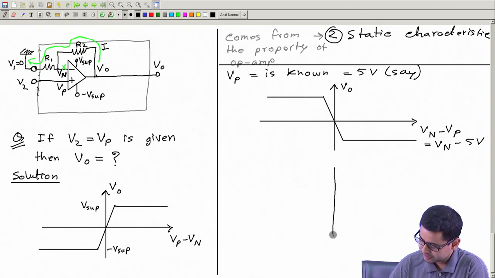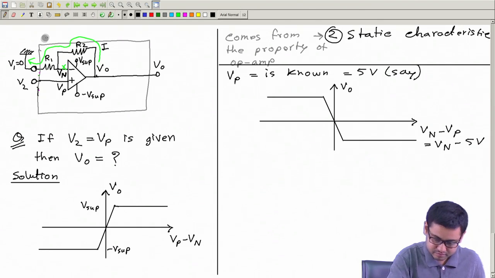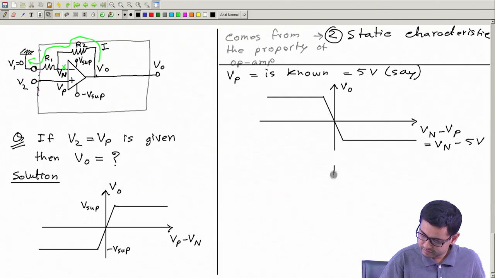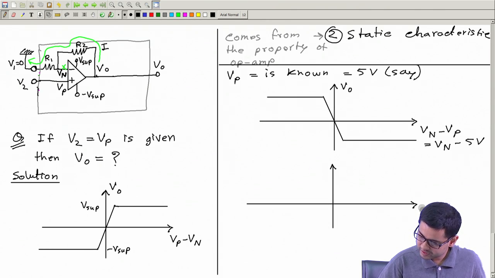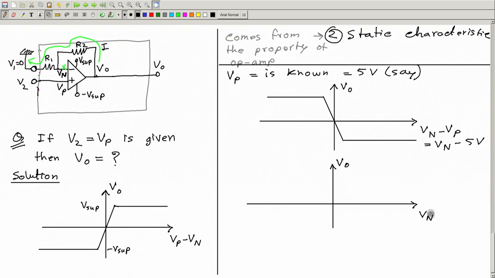Now we will modify this graph further. How? We will draw Vo versus Vn. So minus Vp is not there. So this part is not there. So only Vn. So how will this curve change? Okay. So you see that here at this point, what is the value of Vn?